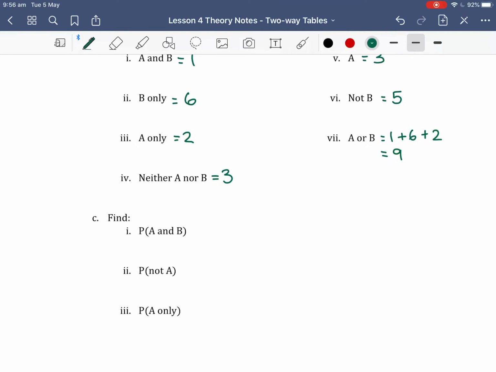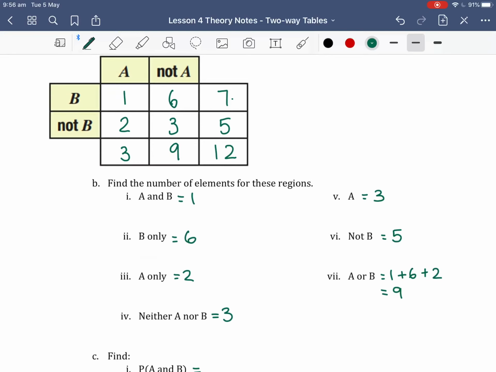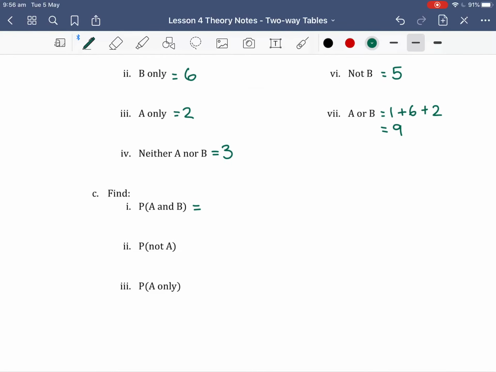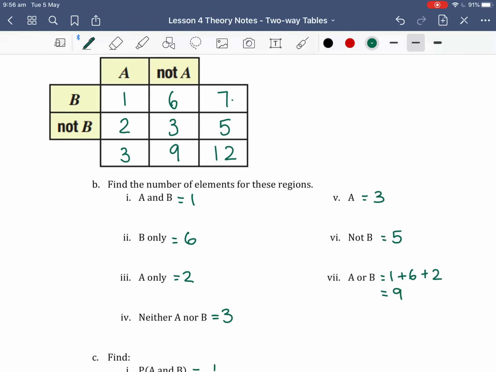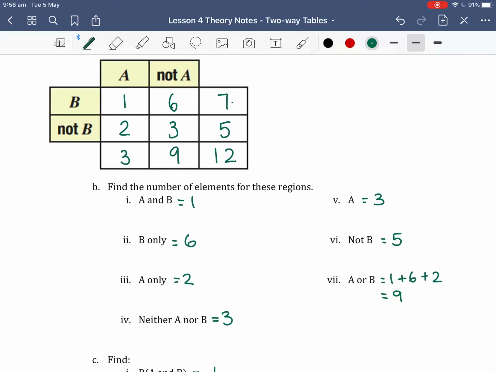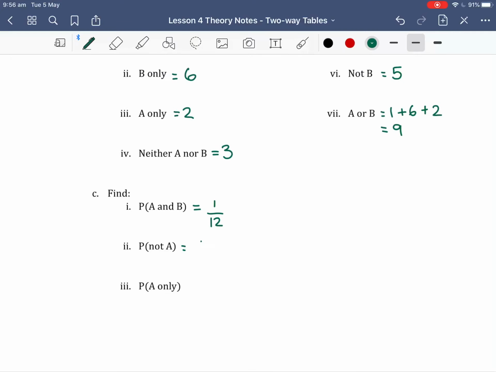Okay. Finally, we want to find the probability of A and B. For A and B, if we look back, that was a 1 over our total of 12. So our probability is 1 over 12. The probability of not A is going to be the total of the not A column, which is 9, over our total of everything, which is 12.